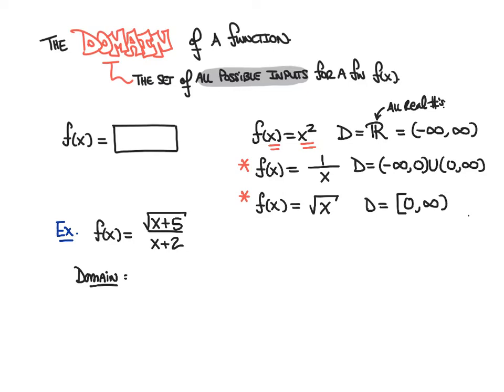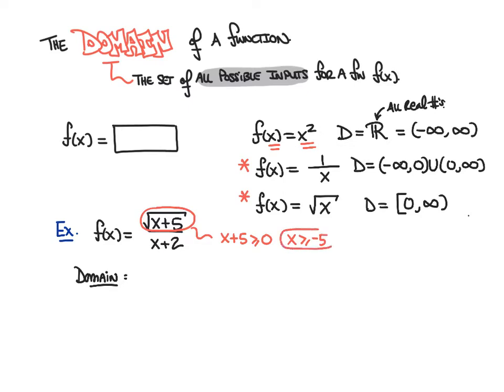So I'm going to look at two parts of the function. The first part is the square root part. This will only be happy if x plus 5 is bigger than or equal to 0, because we need the inner part to be non-negative. And therefore, you could solve this inequality. x has to be bigger than or equal to -5. So I'm going to circle that.